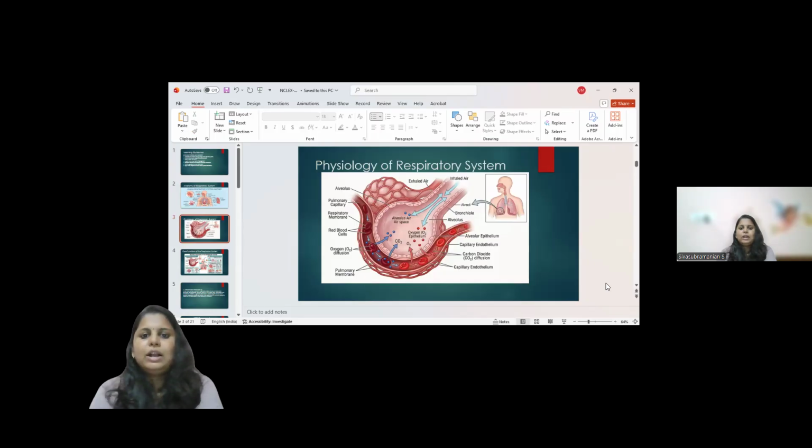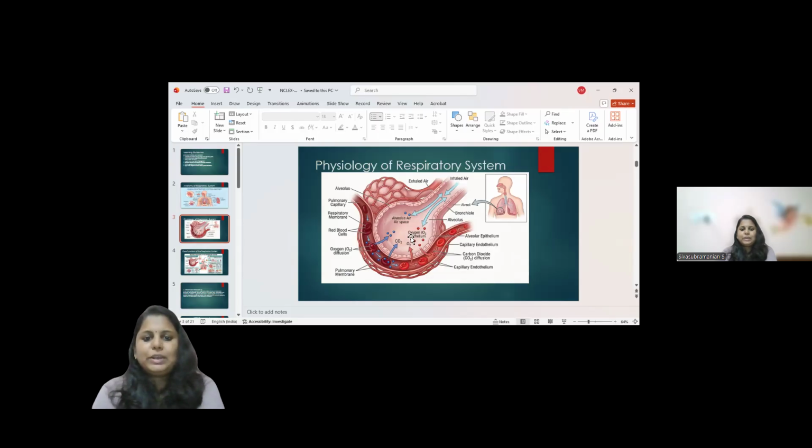Let's talk about how the work of breathing actually takes place in our body. When we inhale, the air will enter the respiratory tract from the nose to the trachea. Then it will enter into the bronchi, and through the bronchi it will reach the bronchioles. In the bronchioles, as I mentioned, there are tiny sac-like structures called alveoli.